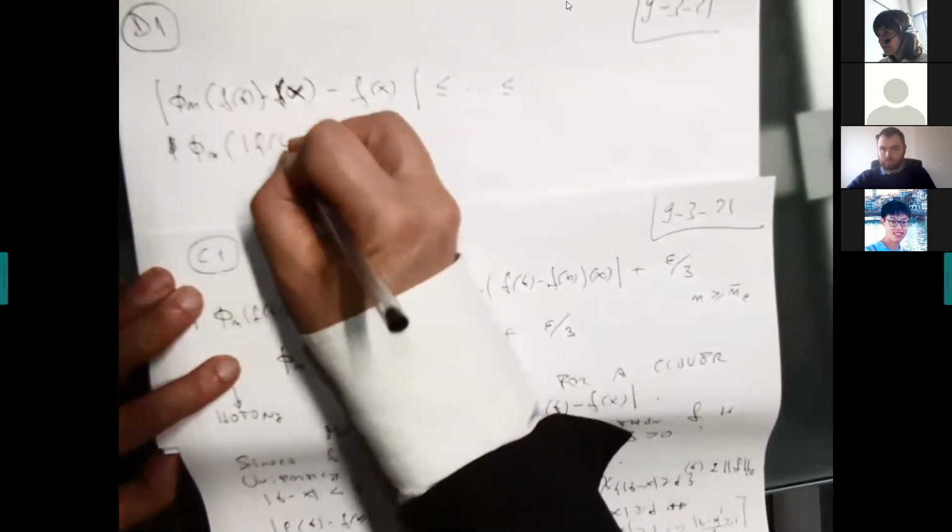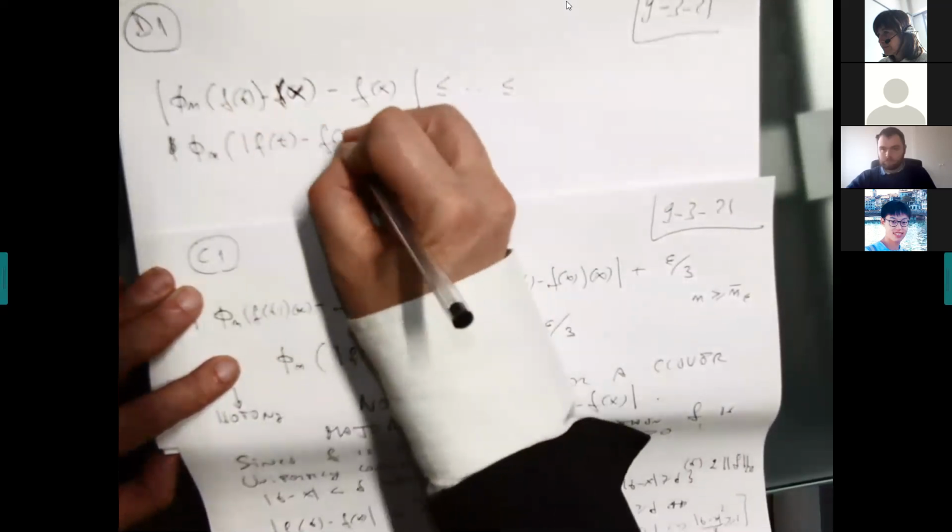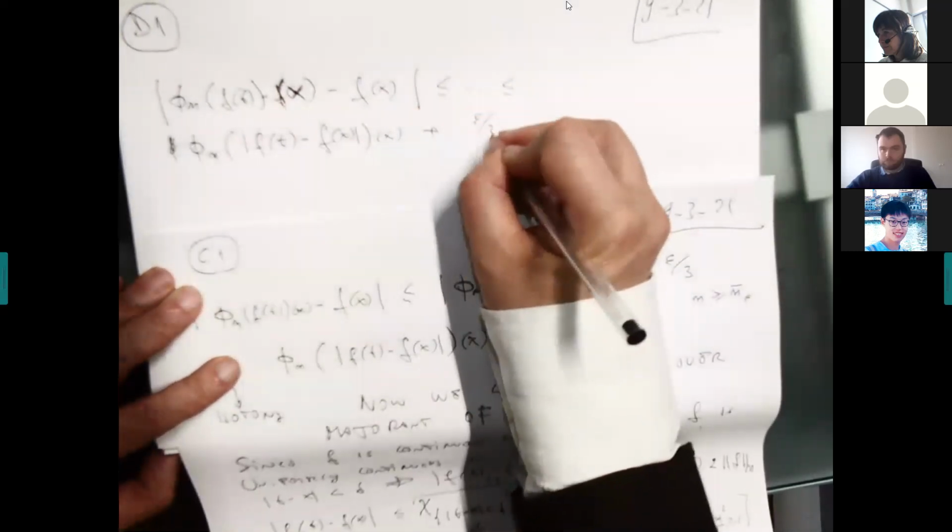Bounded by, so we made a lot of steps and we arrived to phi n of the modulus of f of t minus f of x, in x, plus epsilon divided by 3.